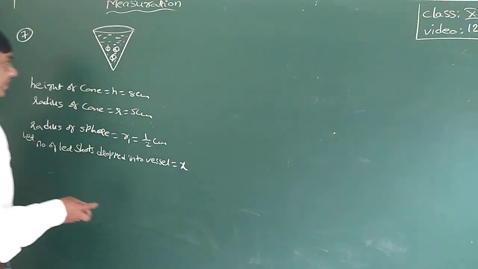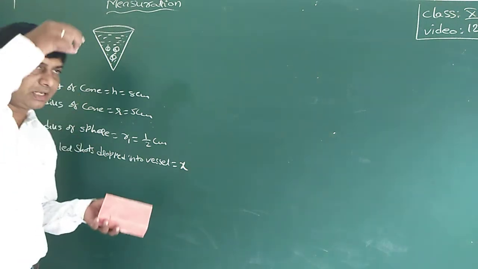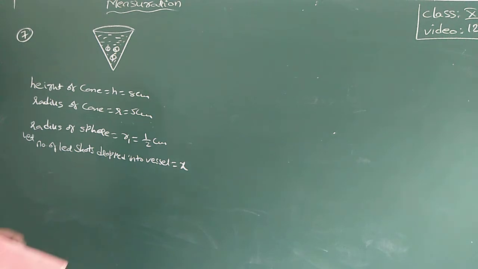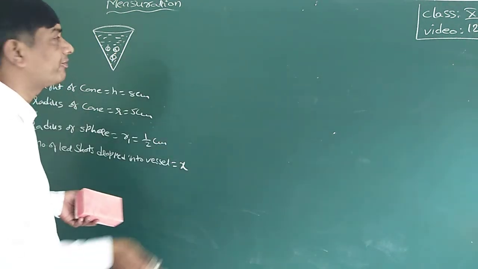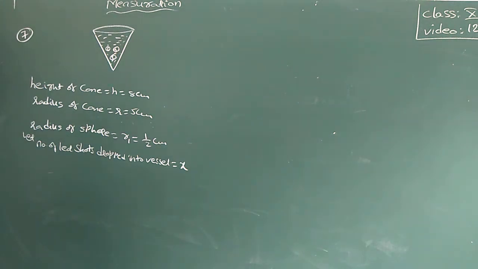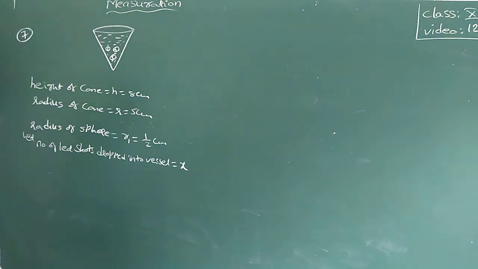Means when you drop the lead shots into the vessel, 1/4 of the water flows out. Means some water will come outside. How much? 1/4 of the water. 1/4 of the cone water flows out.